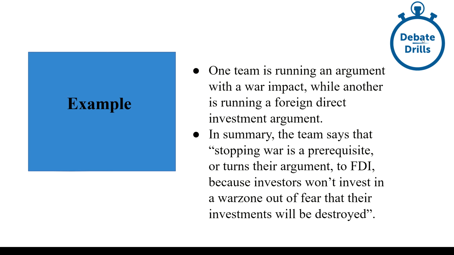As you can see, instead of giving an independent reason as to why war is a more important argument than FDI, this team would instead say that war stops the other team from solving FDI, so it co-opts their impact and gives a reason as to why their argument affects their impact instead of giving an independent reason as to why they outweigh.